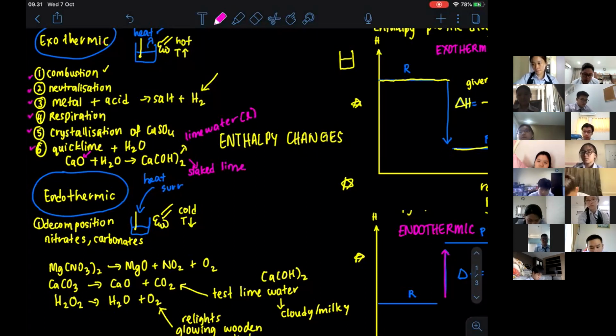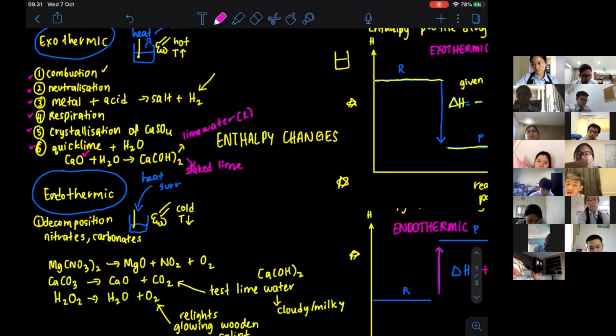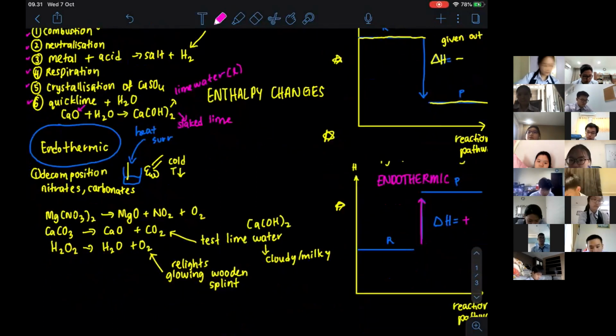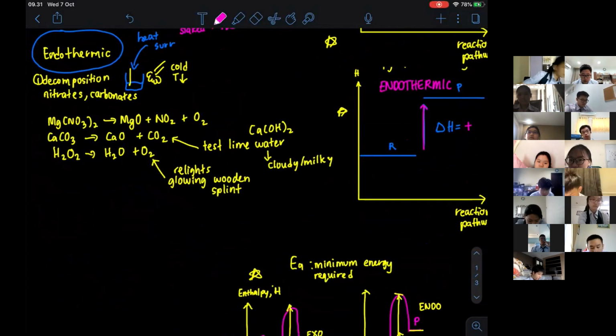Now if you look at endothermic reactions, I have actually gone through one. One is the decomposition of nitrates and carbonates, or any kind of decomposition is going to be endothermic. So let's look at some other examples.